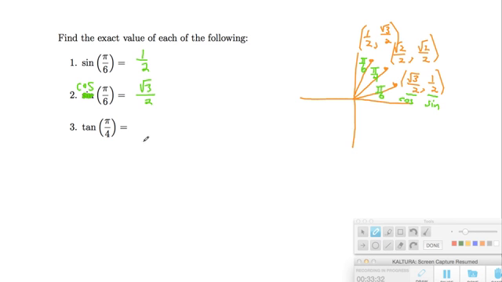Now for tangent, remember that tangent is equal to sine over cosine. So for pi over 4, again, we're on this one. This is the cosine, this is the sine. So the sine is square root of 2 over 2. That's the sine part. And the cosine is square root of 2 over 2 as well, which means that the tangent of the angle pi over 4 is just the number 1.